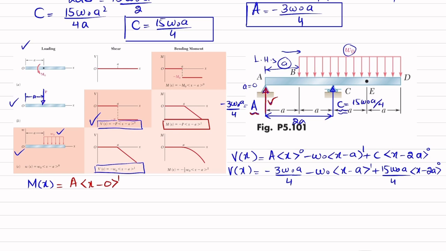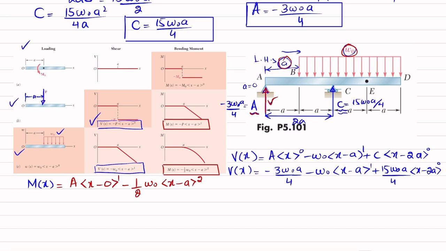And for the distributed load of W naught, you can see this is the equation for a distributed load. Since it is downward, it is negative, so I can write minus 1 over 2 W naught into X minus A, because this is acting at a distance of A from point A, to the power 2.